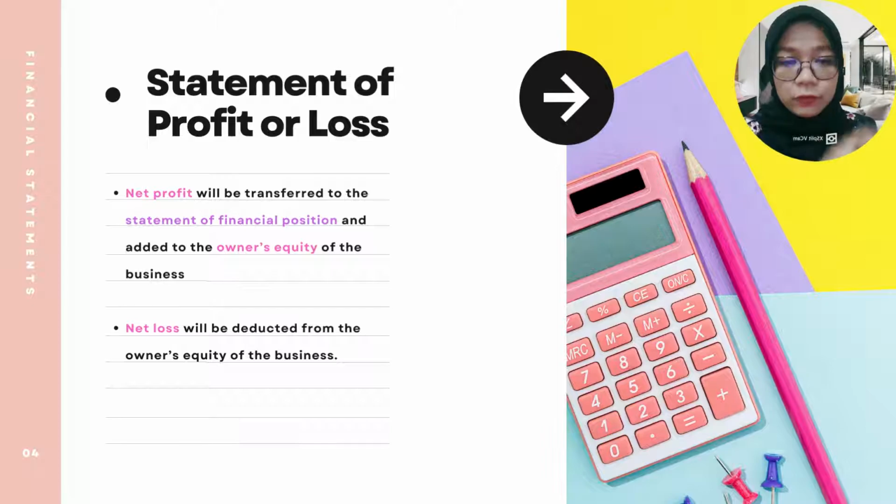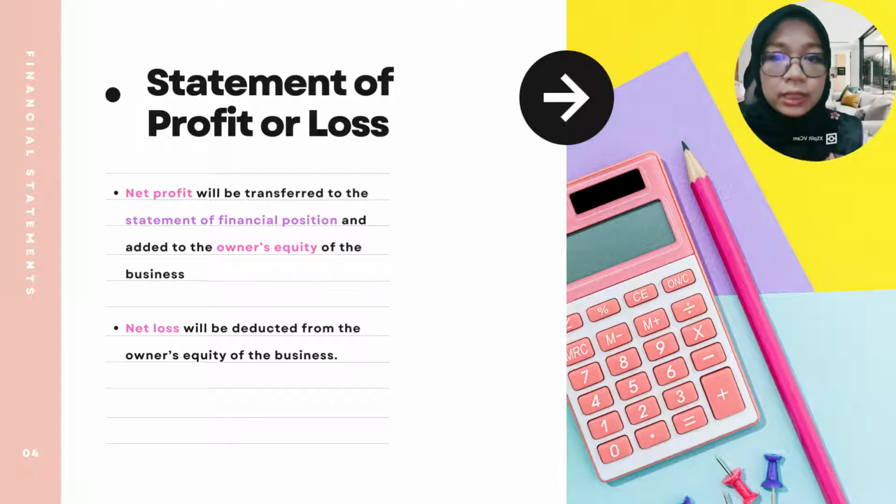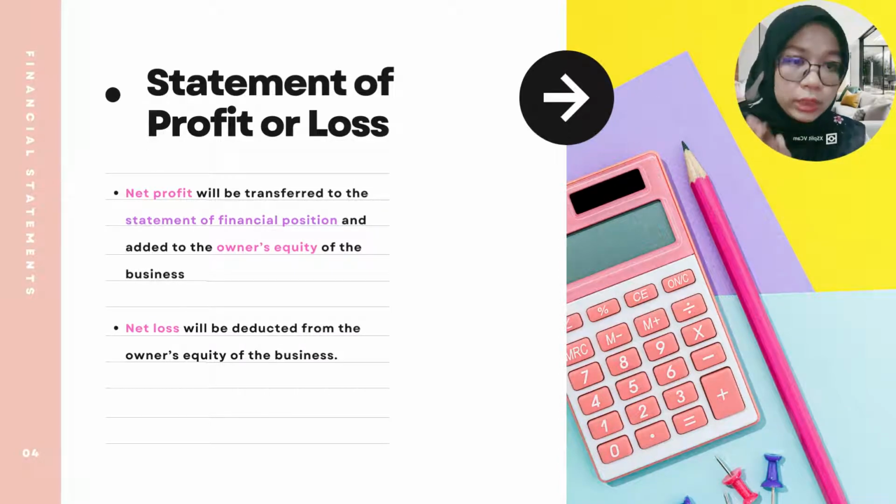And then this net profit or net loss figure will be transferred to the statement of financial position, the second financial statement, and this figure should be added to the owner's equity or capital of the business. Same goes for the net loss. It will be deducted from the owner's equity or the capital of the business in the statement of financial position.